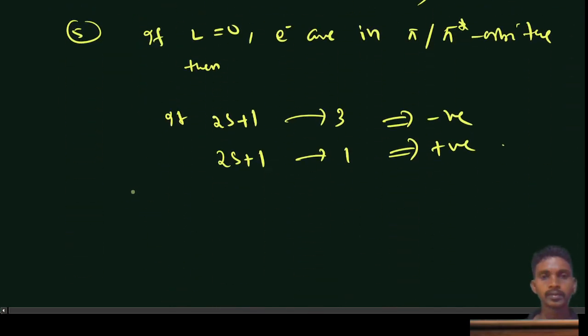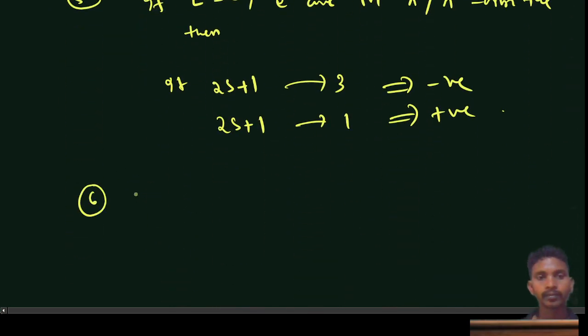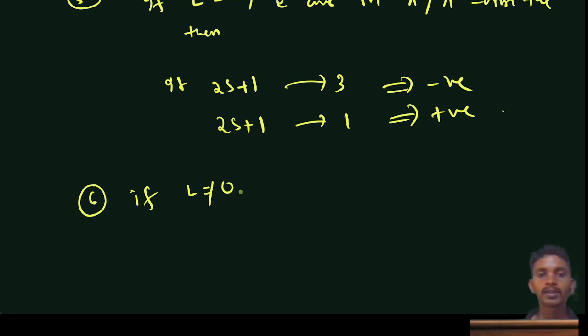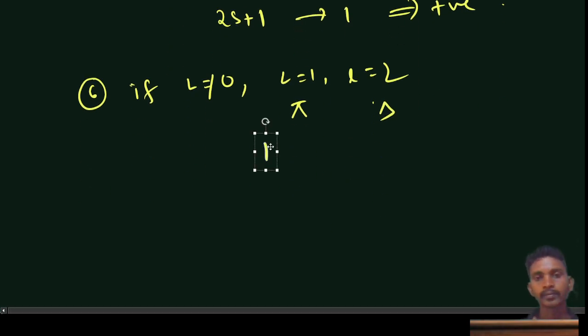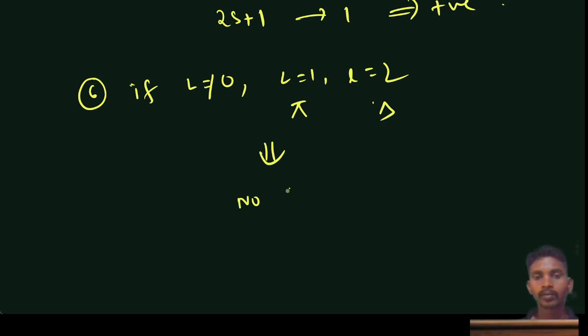Okay, and if L is not equal to 0, like L equal to 1 or L equal to 2, that is pi or delta, in that case there are no terms of positive and negative.